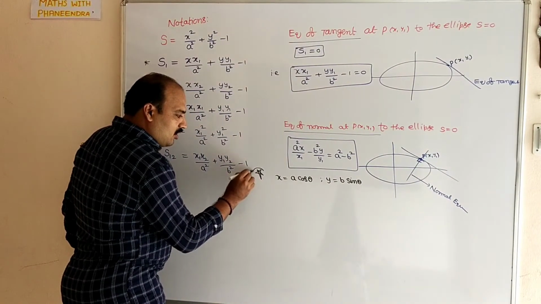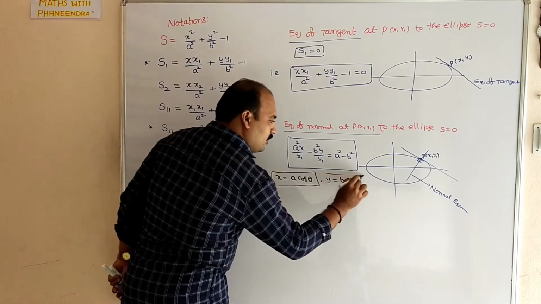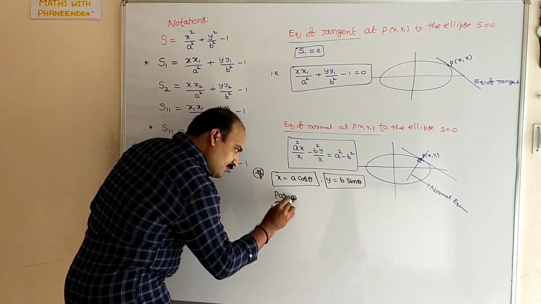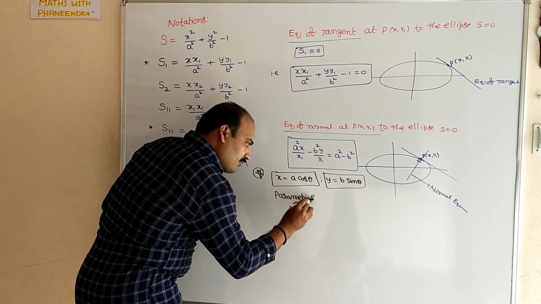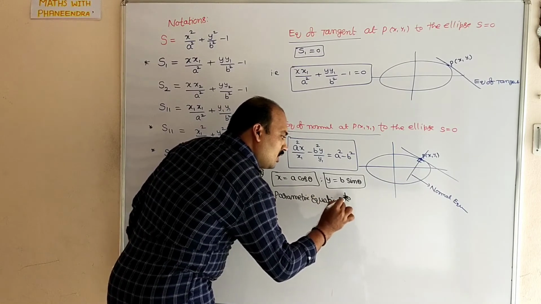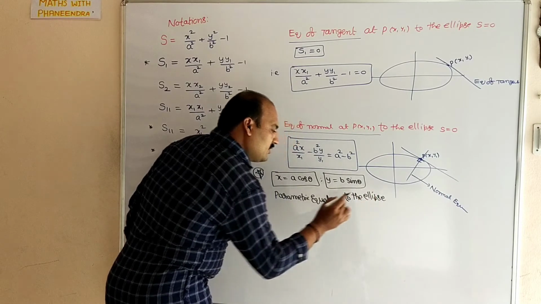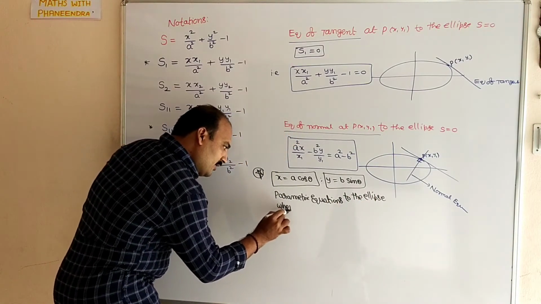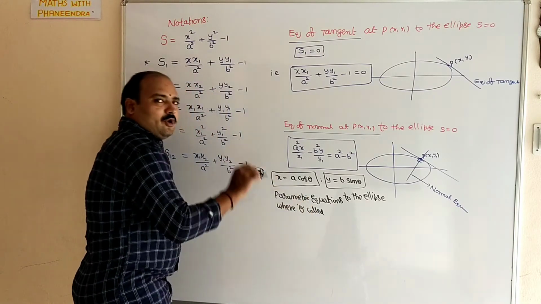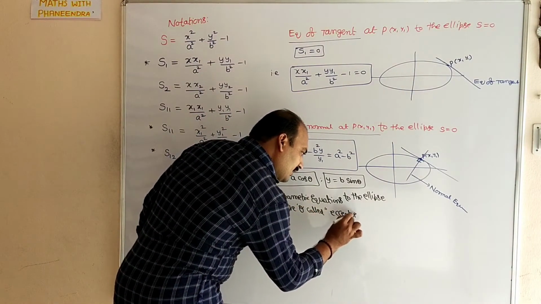These equations are called parametric equations of the ellipse, where theta is called the parameter, and also the eccentric angle.